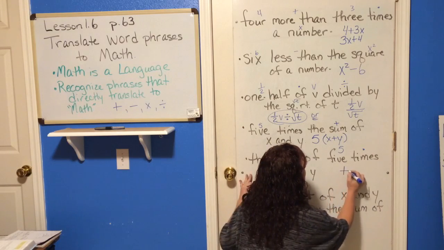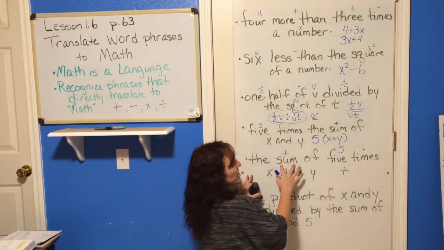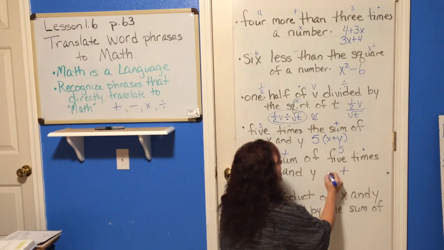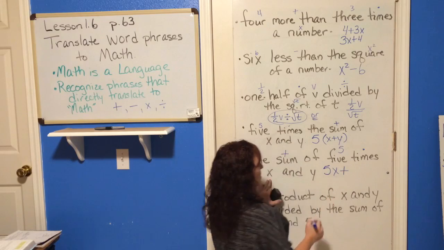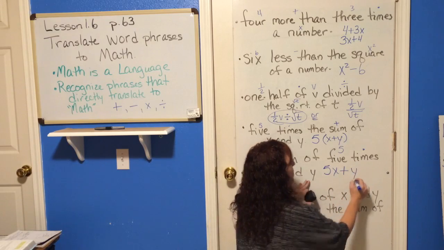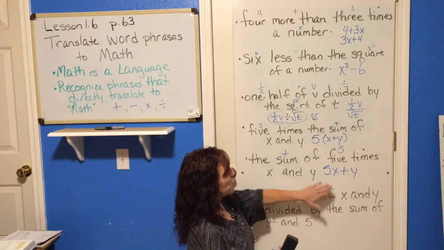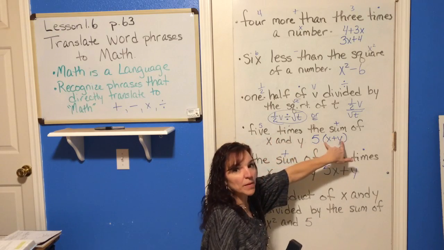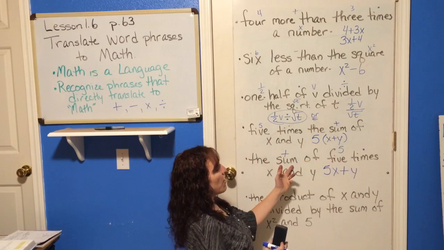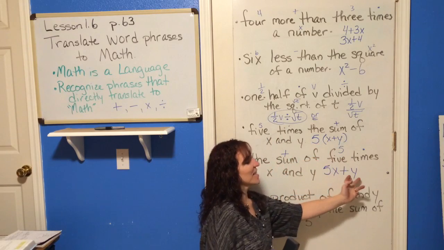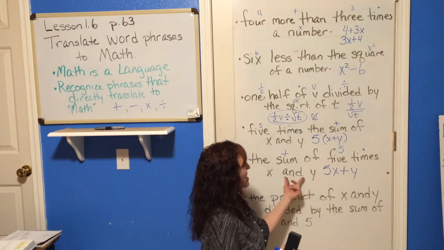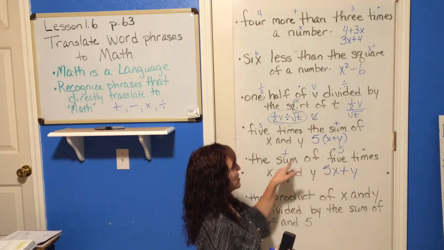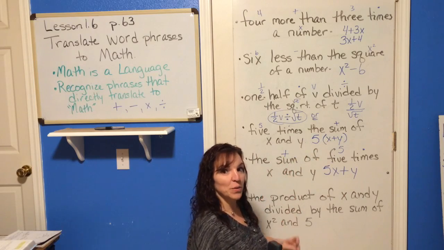So the sum of what? The sum of 5 times x and y. So do you see the difference between this one and this one? This is 5 times the sum. And this is the sum of 5 times x and y. So it's where does that and come in, and where is the word sum and where's the word and? So make sure you read carefully.